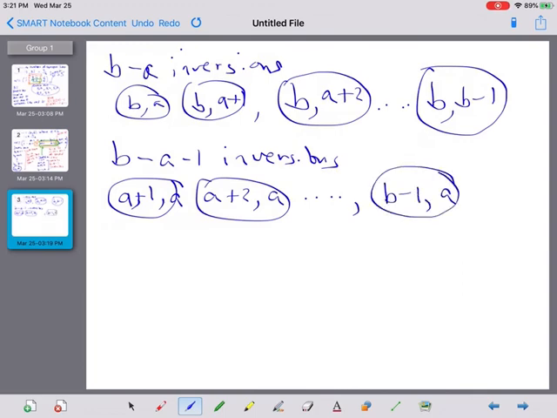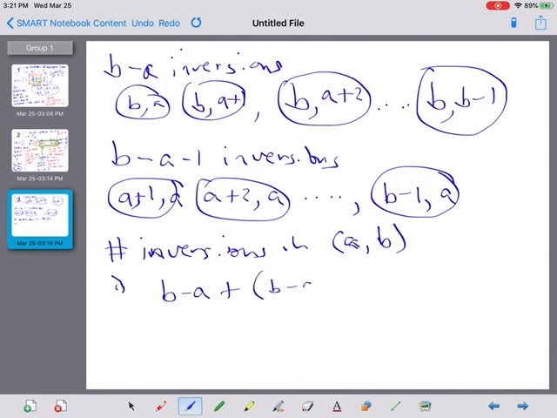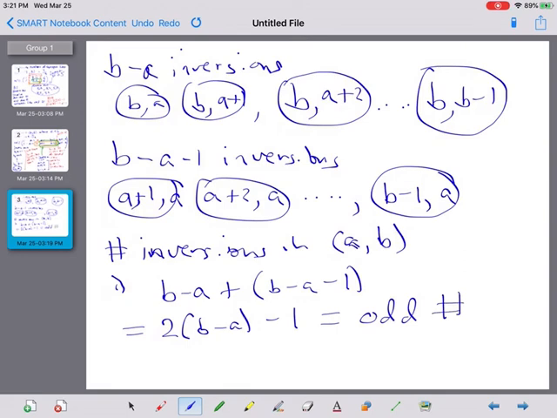So the total number of inversions inside our 2-cycle (A B) is B minus A plus B minus A minus 1. We do some algebra and we get 2 times (B minus A) minus 1, and that is always going to be an odd number.